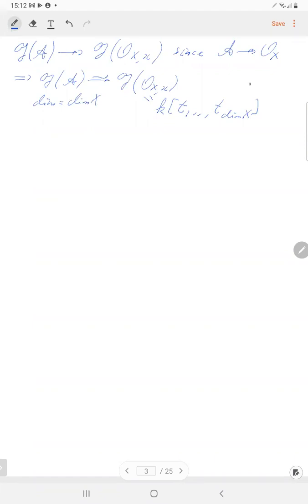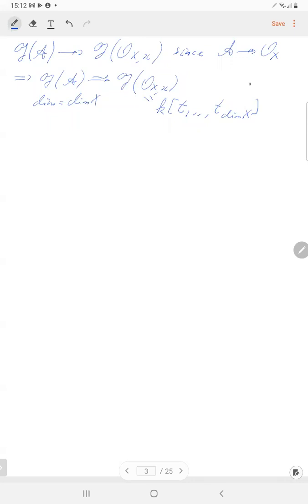So such a surjection necessarily must be an isomorphism, because it gives rise to a subvariety of the affine space that has the same dimension, so it must be again the polynomial algebra. Okay, so we're almost done.